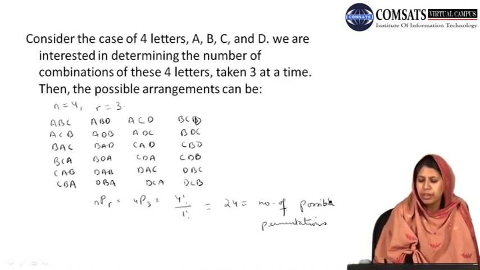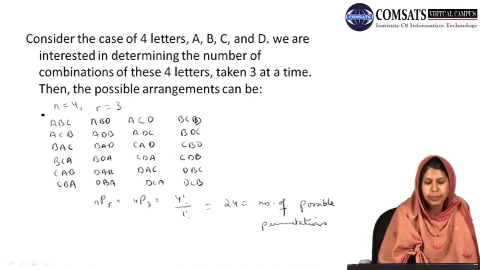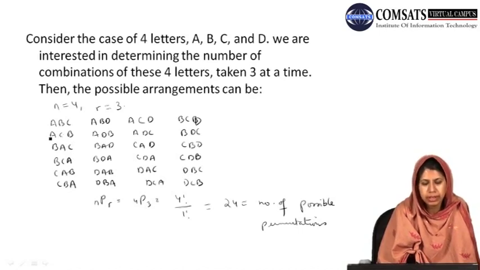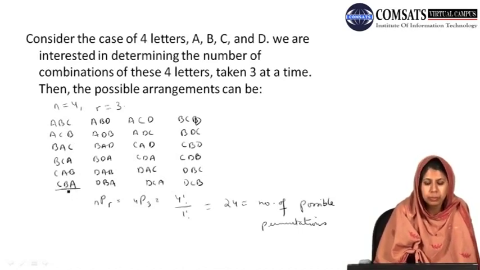But we are interested in finding the number of possible combinations. In finding the combinations, if the same letters repeat, no matter what the order is, that will be counted as one combination. If we look at our first column, all the arrangements have the same 3 letters A, B and C, which means that from the first column we have obtained only one combination when 3 letters are taken from the given 4 letters.